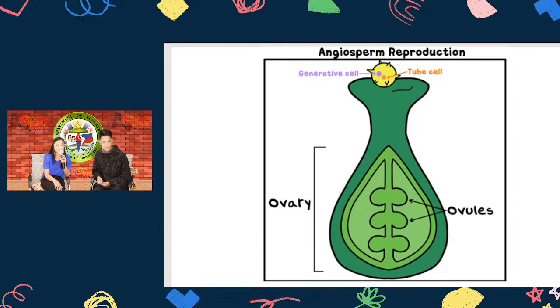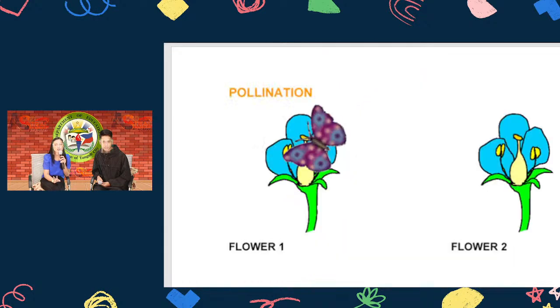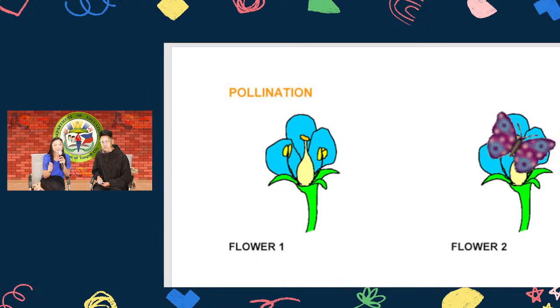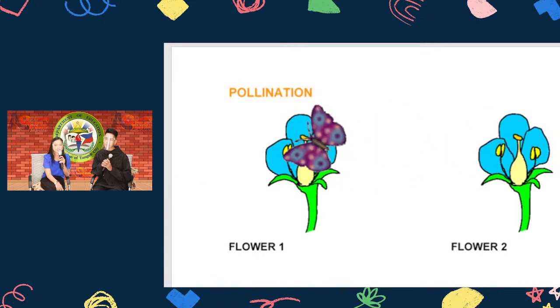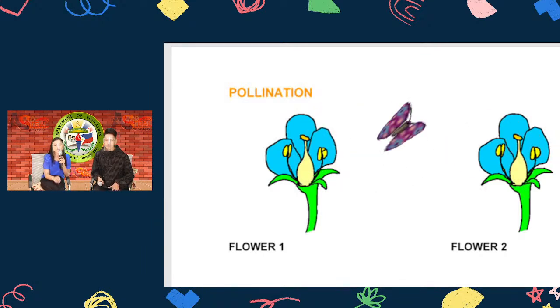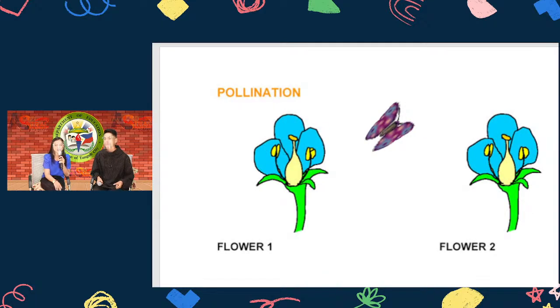So as shown on your screens right now, some insects feed on the nectar present in the flower. While doing so, the pollens from the anther get attached to the body of the insects. And when these insects visit another flower for nectar, pollens get to the ovules of the ovary, which then results in fertilization. And the ovules then form seed.